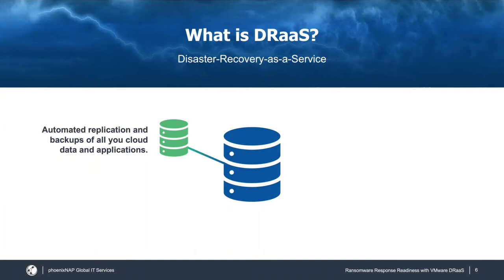I think most people on this call are likely vSphere admins or VMware customers that have some type of technical function, and you have to have automated copies of your data in multiple places. So 3-2-1 rule, whatever you want to talk about.